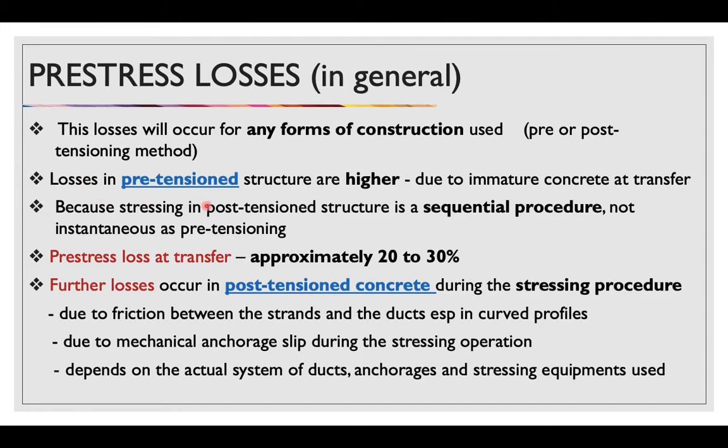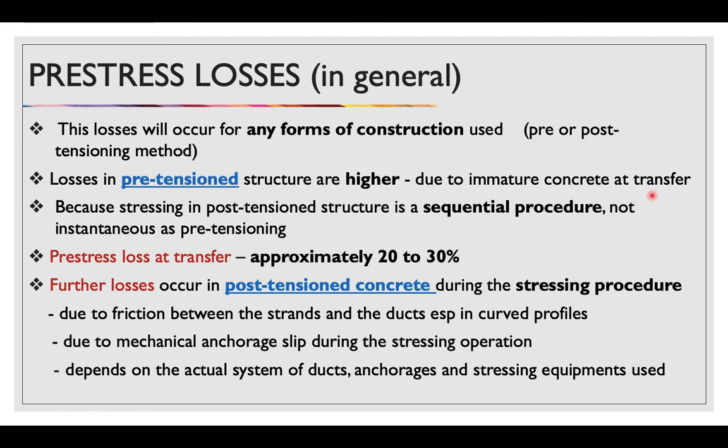So losses in pre-tension structure is usually higher. So why is it higher? It is due to the immature concrete at transfer, right? So if you still remember when we learned on the pre-tensioning method, we know that we are going to provide the tendons, okay? Then we are going to stretch or apply tension to the tendons first, okay?